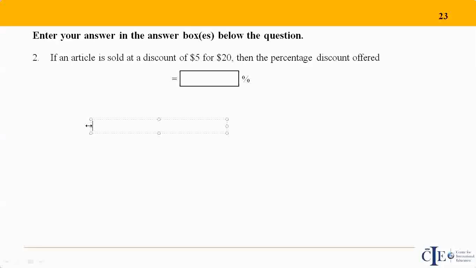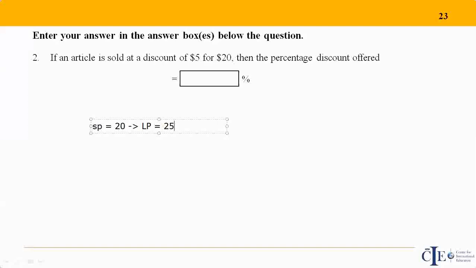It was listed at something, and then a $5 discount was given. So was it that on this 20 a $5 discount was given and it was sold for 15, or that the original value had a discount of $5 and then was sold for 20? So the original one is not 20, it's the selling price, which is 20 after the discount of $5, which means the original value, the list price or the markup, is not 20, but actually 25.